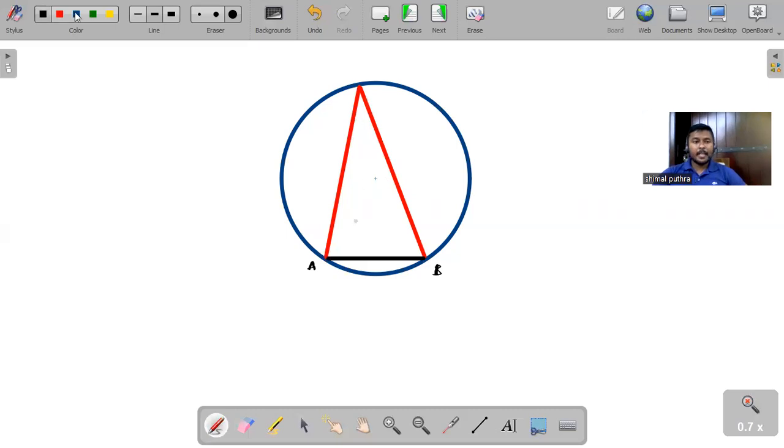By using the same AB, I will create an angle in the center point. By using the same AB, I created an angle in the center point. If this is x, the angle that I created in the center point should be equal to 2x. That is the combination. If this is x, this should be equal to 2x.